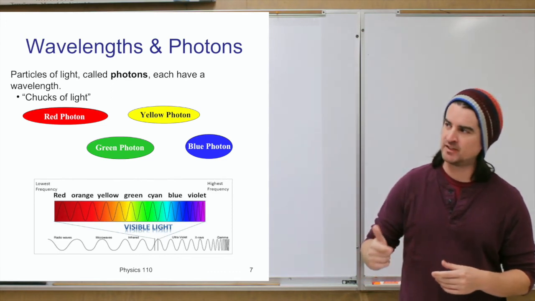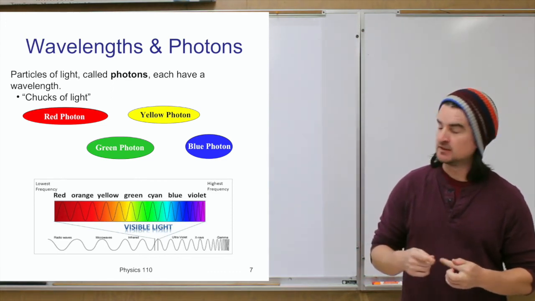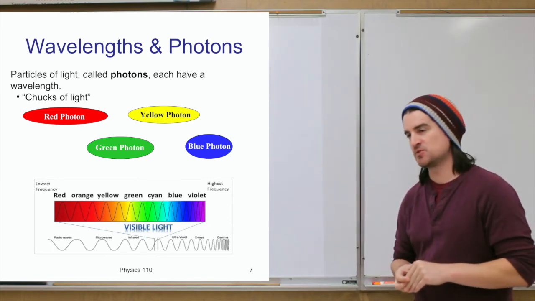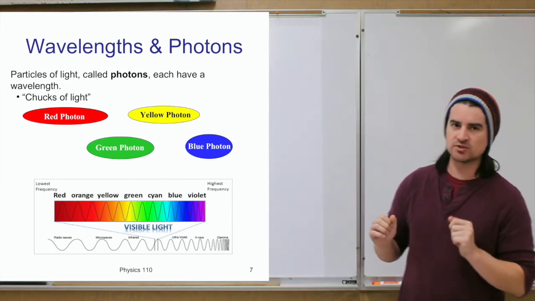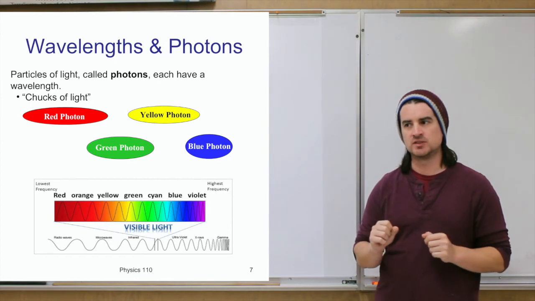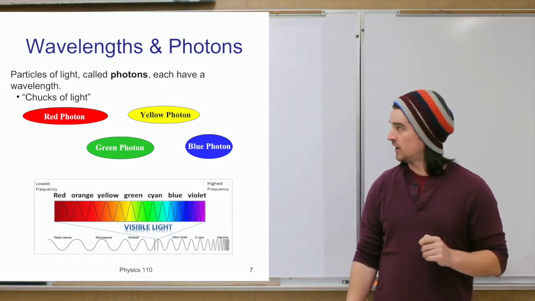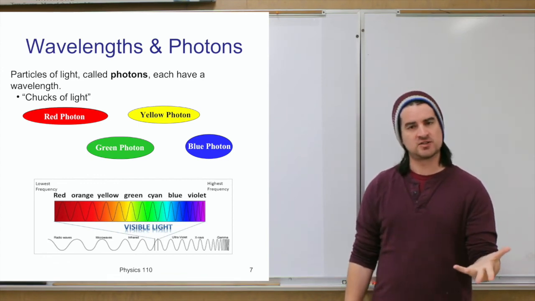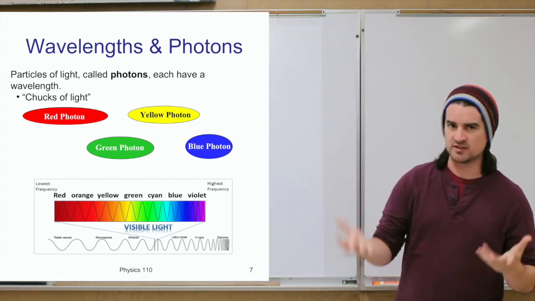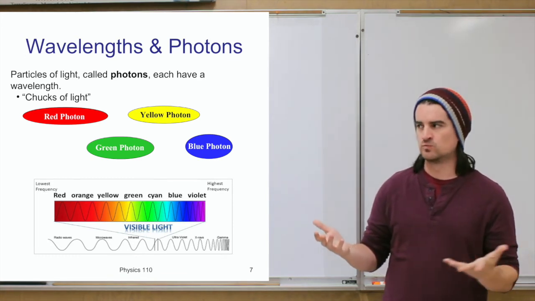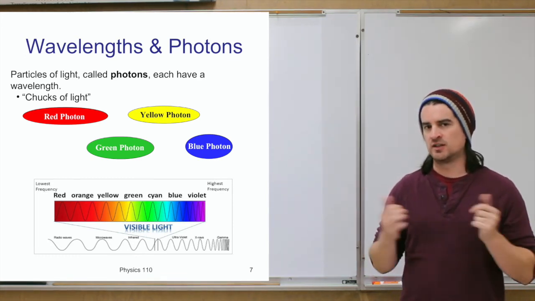But as we found out through much trial and error, a lot of experimentation, light also is sort of like a particle, meaning it's also sort of like a billiard ball. Sometimes it's useful to think about light as a particle, sometimes as a wave. Turns out it's both, and we're going to get more into what that means in the next lecture.